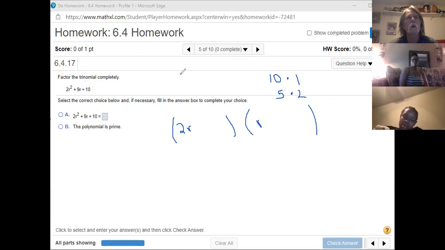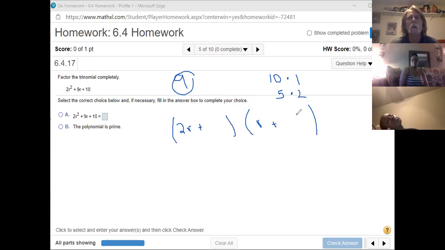And we're looking for a 9 in the middle. Okay, so if I go 2 times 5, that gives me 10. But 10 minus 2 is going to give me either 8 or 12. And since everything's plus, I can put plus and plus.